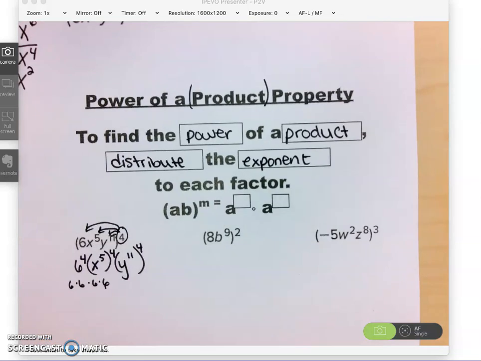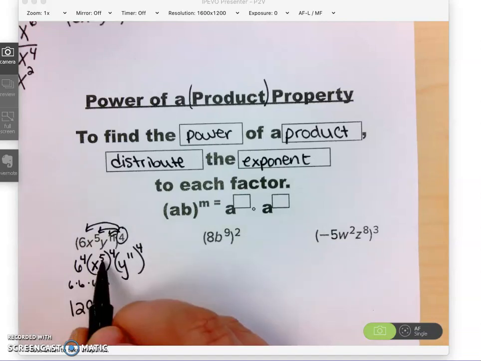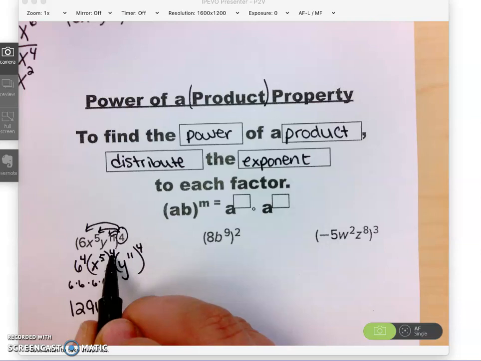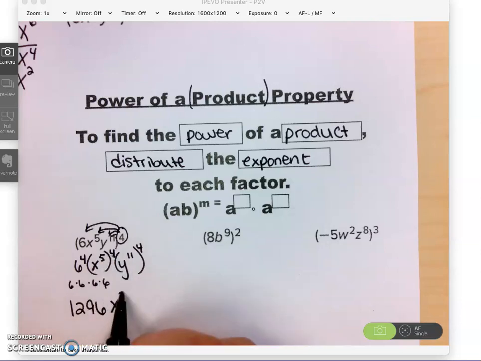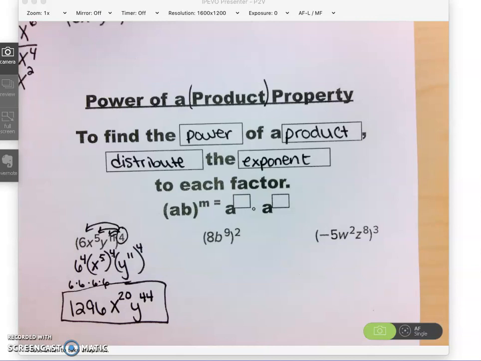Should have a calculator. 1,296. That's easy enough to figure out on a calculator. So x to the fifth, remember power raised to a power, multiply them. So we have x to the 20th, y to the 44th. And this is as far as I can go down.